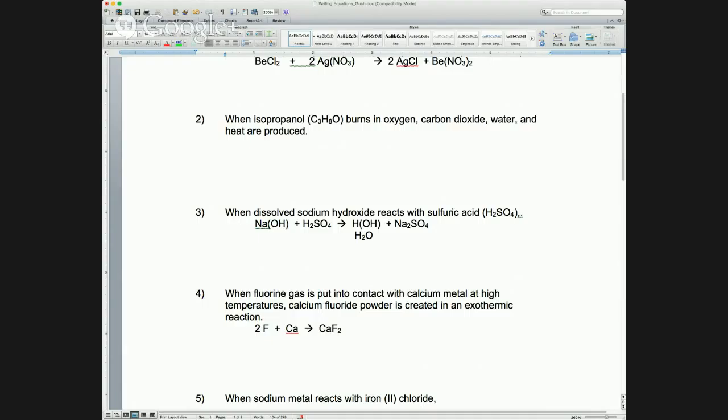Except when you see a single element, you should think to yourself, are they diatomic? The only way I'll know if they're diatomic is if they are Brinkelhoff. Br2, I2, N2, Cl2, H2, O2, F2. That's Brinkelhoff.